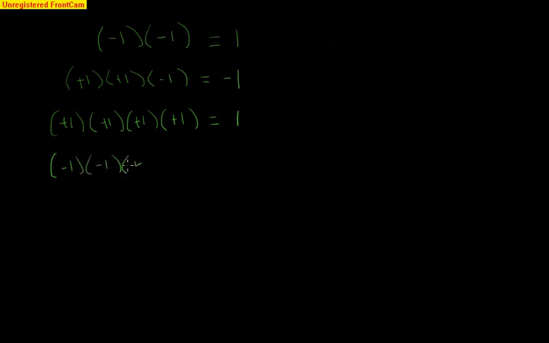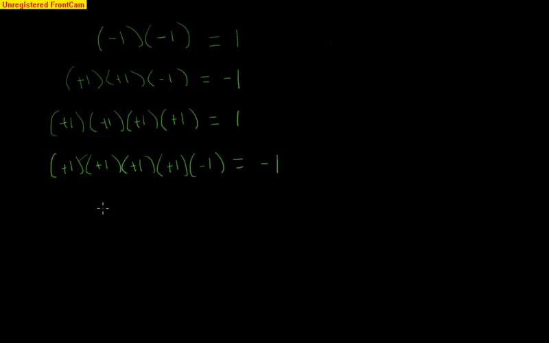We'll do one more here. Negative 1 times itself 5 times then. As you can probably guess, this is going to cancel each other out. Here's a pair. Here's a pair. We got 1 left over. The answer is negative 1.